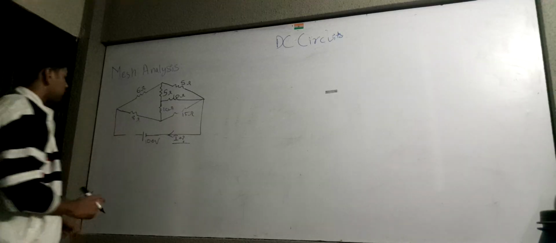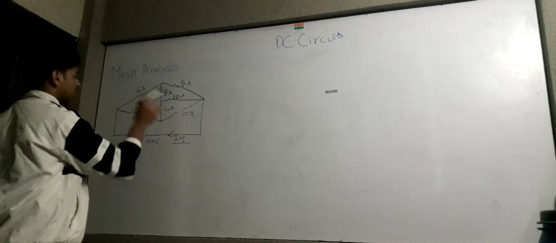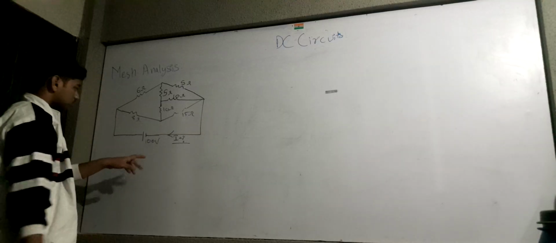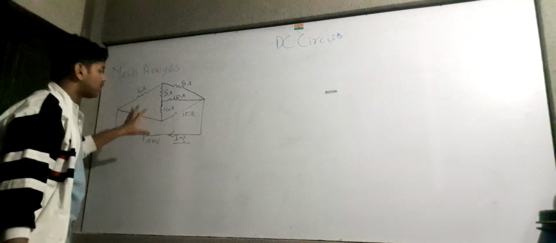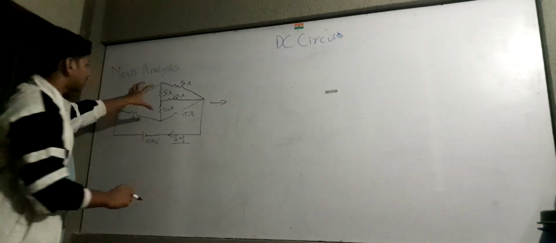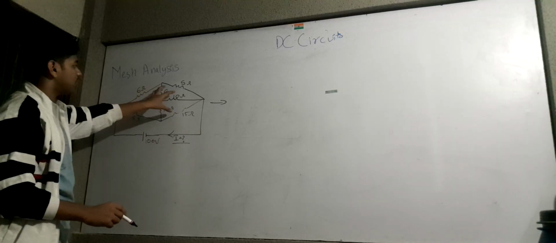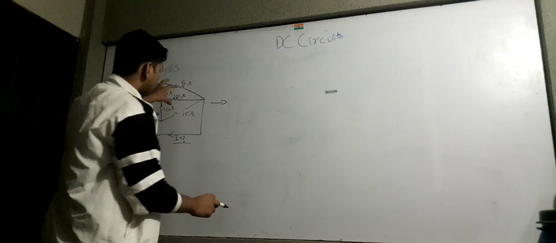This is our question. We want to find the total current flowing through the entire circuit. This is a very complicated circuit. Let's break it down into a simpler one. As we can see, this right here is a delta configuration. We can convert it into a star. Sorry, this is a star configuration.